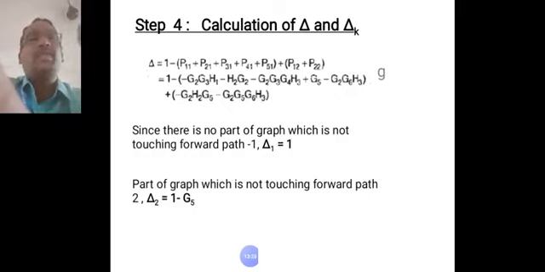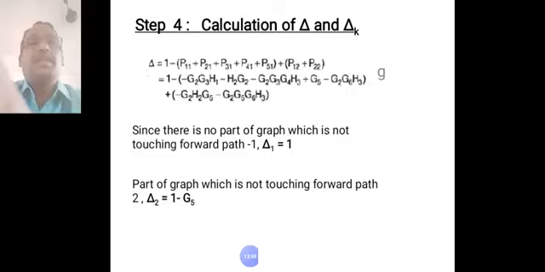Okay, next to find del 2, take the second forward path. In the second forward path the part of the graph which is not touching it is loop 5, that is G5. So we find the value of del 2 equal to 1 minus G5.